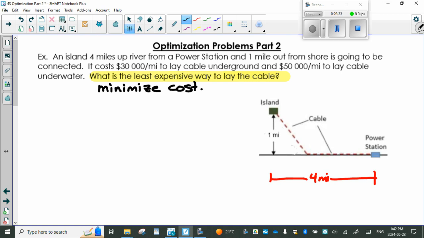Minimizing cost. And can you guys agree with me that the cost is going to be made up of the cost of underground plus the cost of underwater?